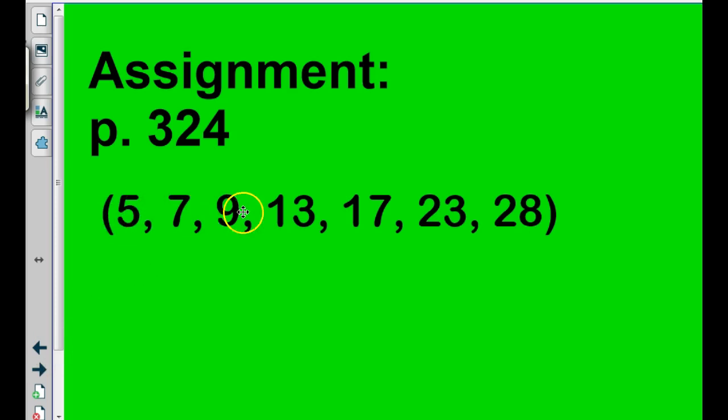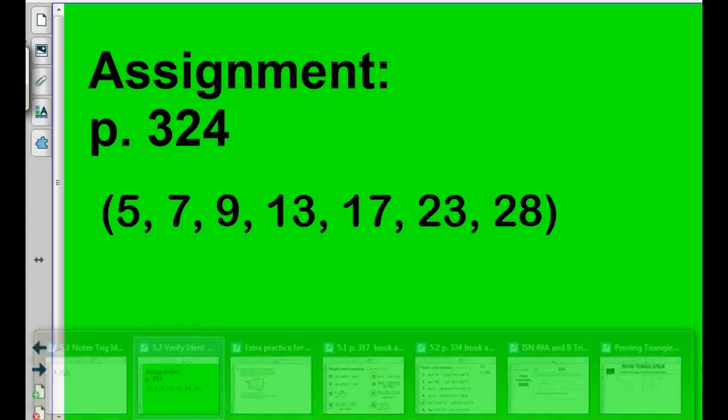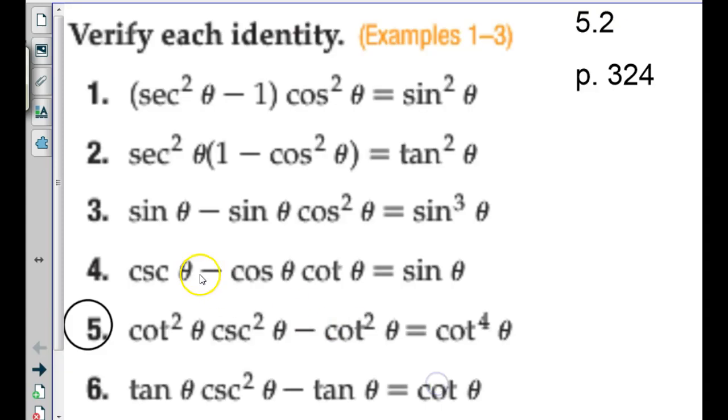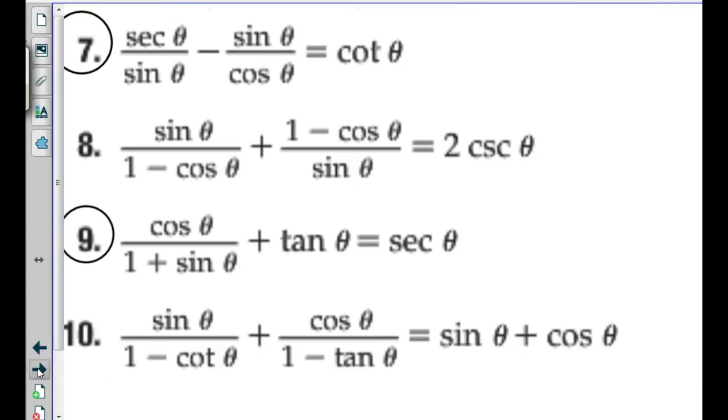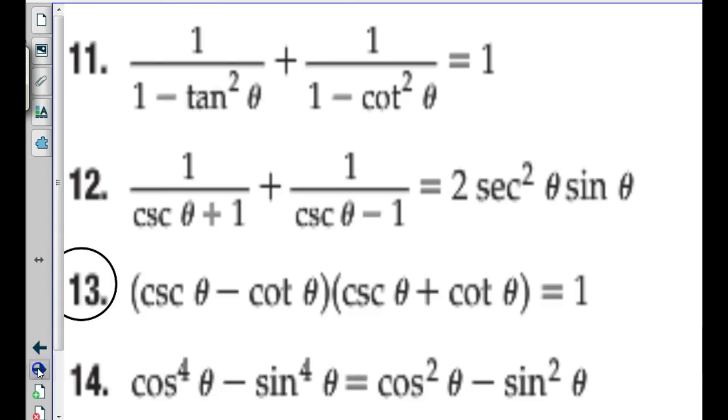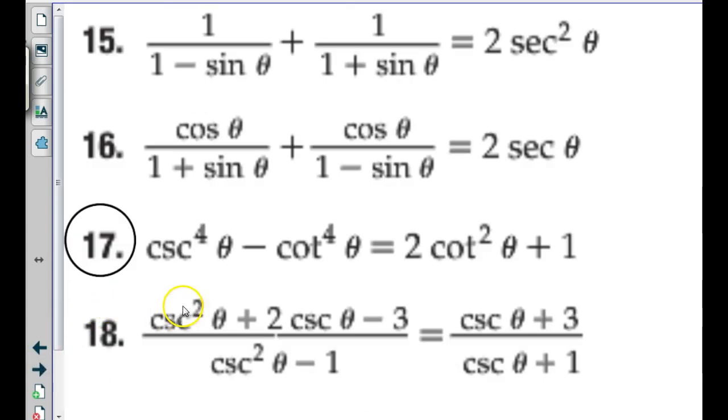So there are 3, 4, 5, 6, 7 questions. Some of them you're going to have to do some factoring. For example, anybody know how this would factor, this number 17?